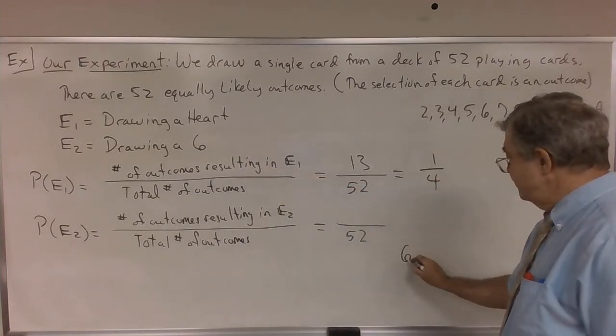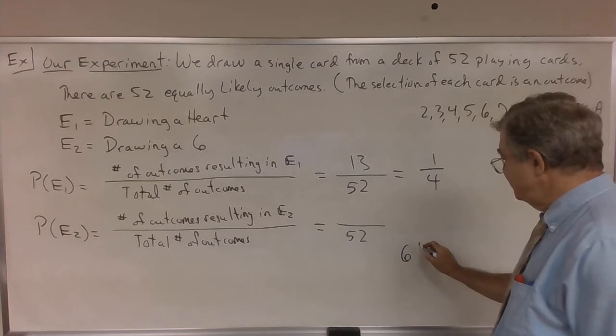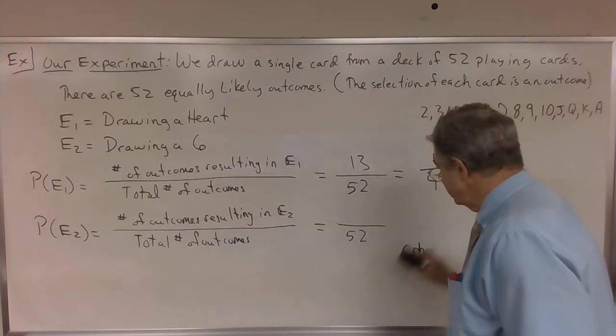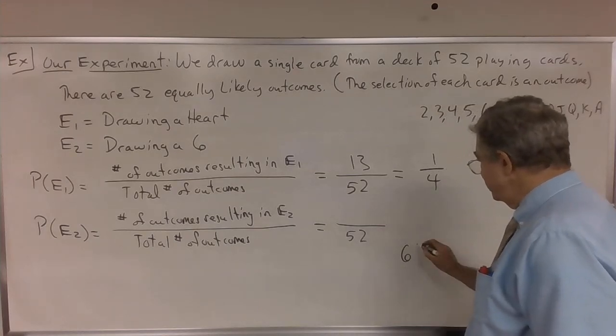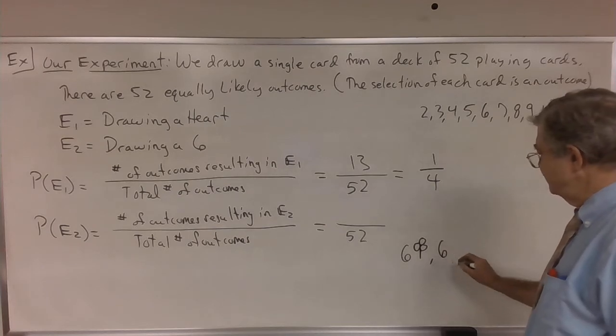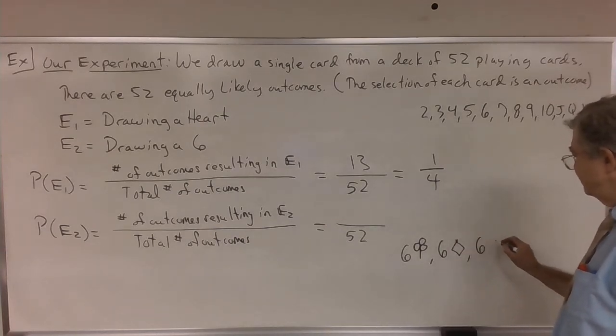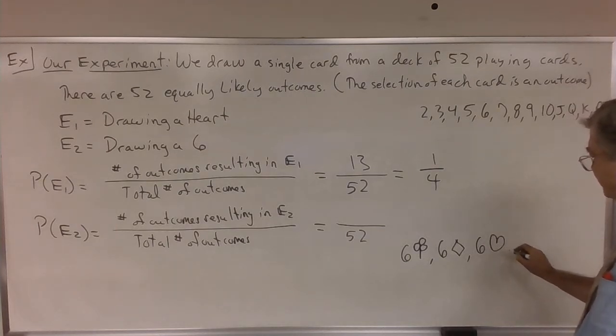Well, we can either get the 6 of clubs. Is that what that is? No, that's a spade, isn't it? We can get the 6 of clubs. We can get the 6 of diamonds. We can get the 6 of hearts.